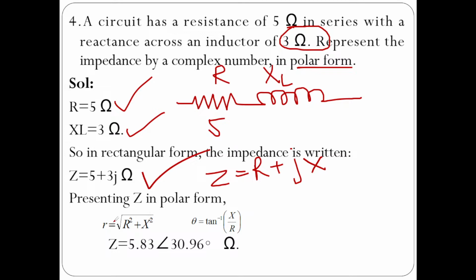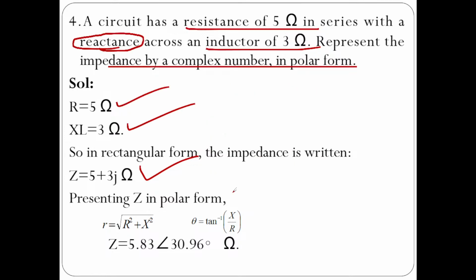So they have asked us to determine the impedance in polar form. They have given us the resistance value, and they have given us the inductance value. They have mentioned that it is the reactance of the inductor, so both are in ohms. R value and XL value are given. So you can determine impedance R plus jX, and convert that into polar form. Here the magnitude of impedance is written as Z, and this is the angle of the impedance.